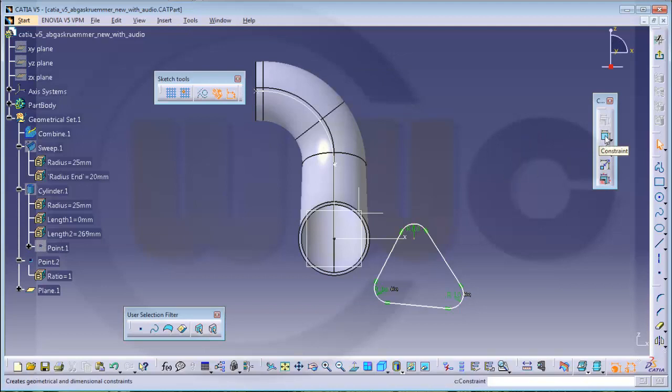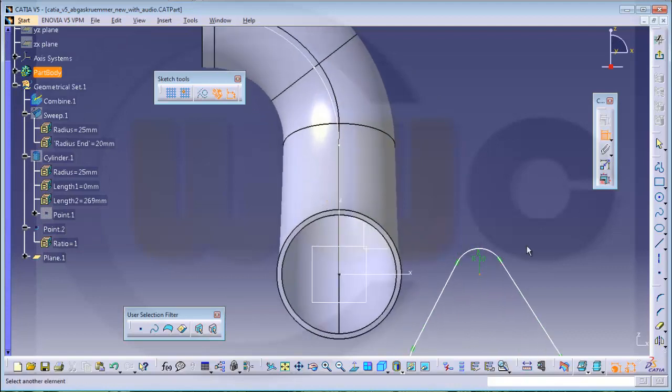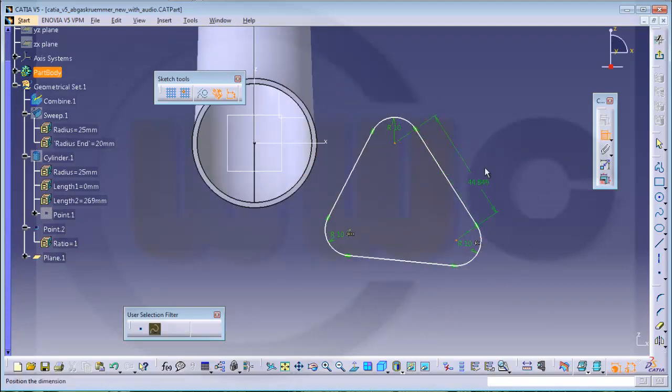And now give these some dimensions. And they should be all together the same.